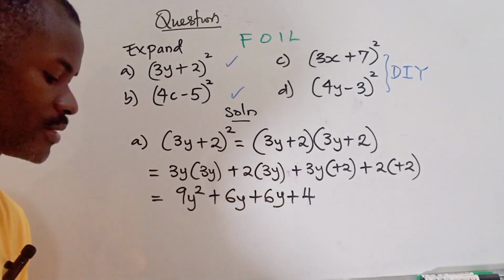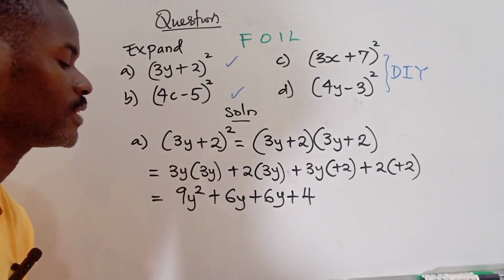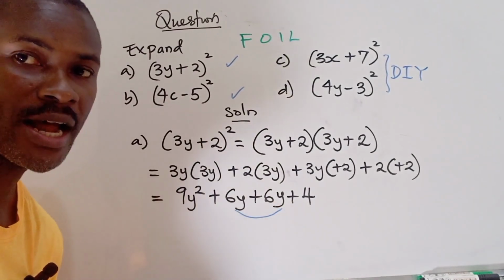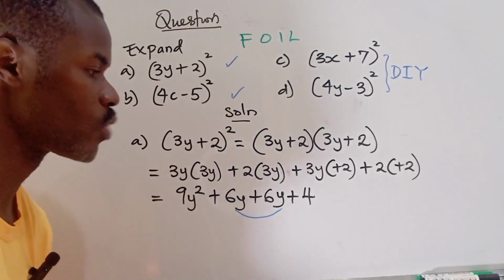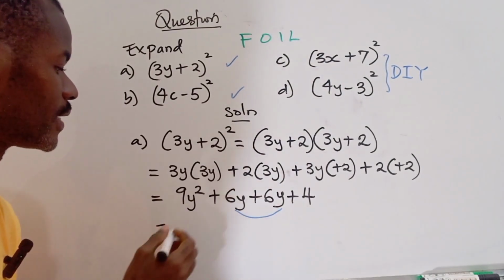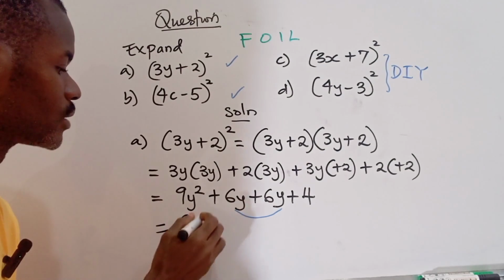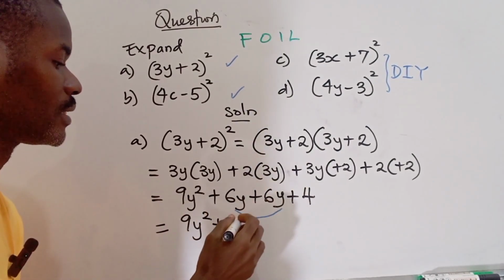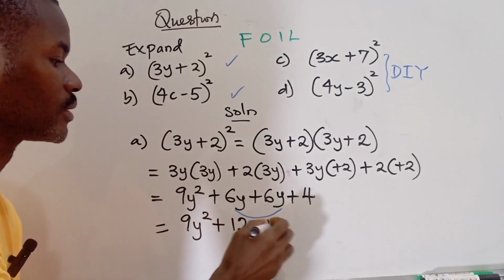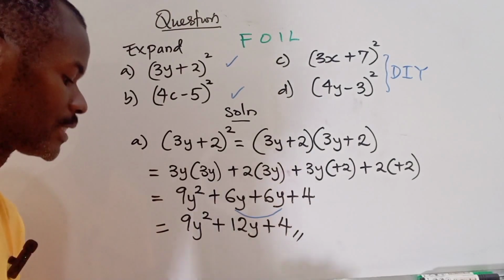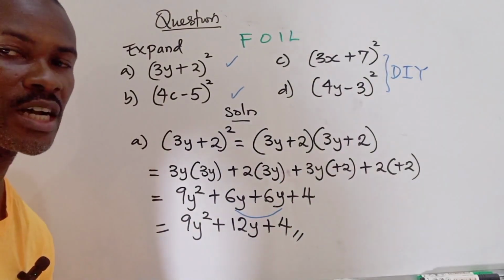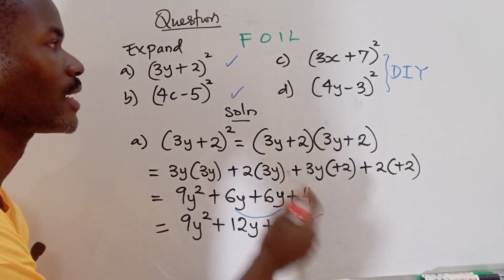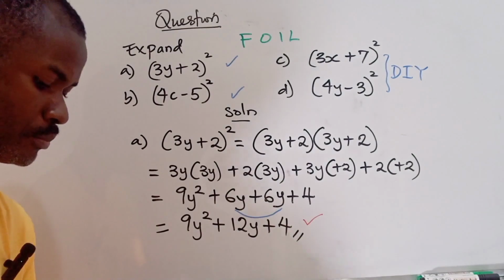From this we can see that we have like terms, so plus 6y can be added to plus 6y. We are going to have 9y squared plus 12y plus 4. I think at this point there is nothing else I can do, so this gives us the answer to the first problem.